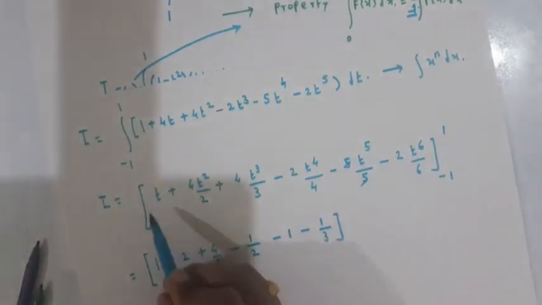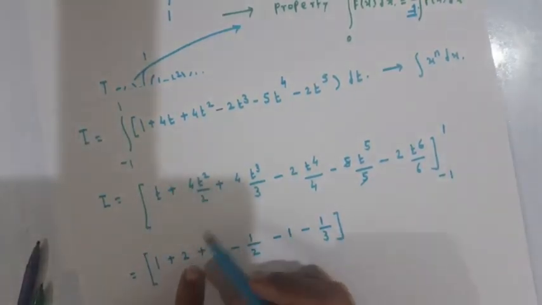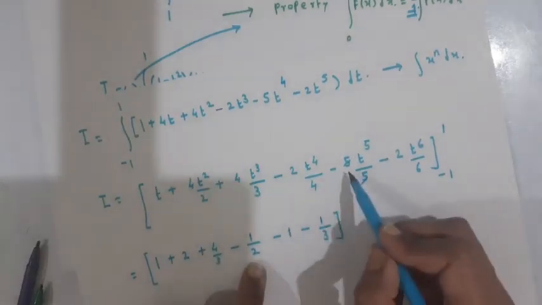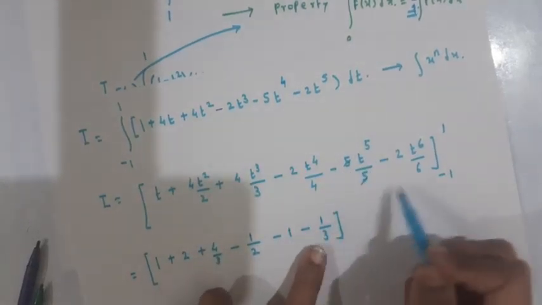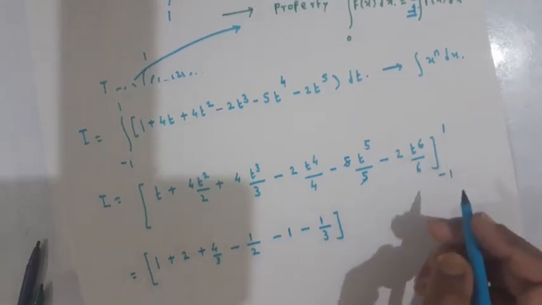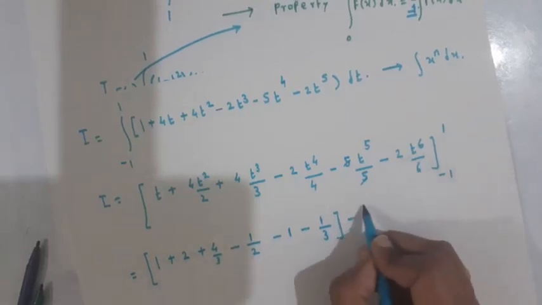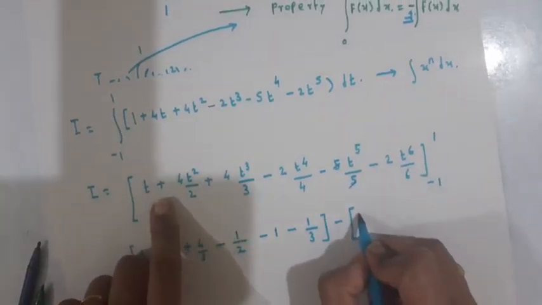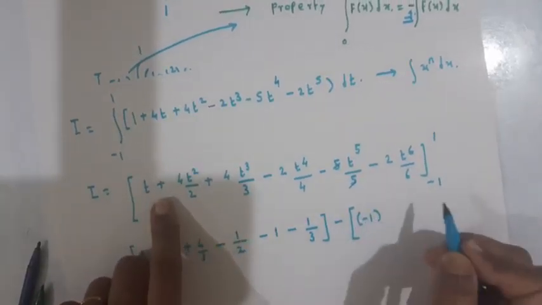Okay, see students, 1, 2, 4 by 3, minus 1 by 2, minus 1, minus 1 by 3. Okay, now minus lower limit, put the lower limit, t equal to minus 1.